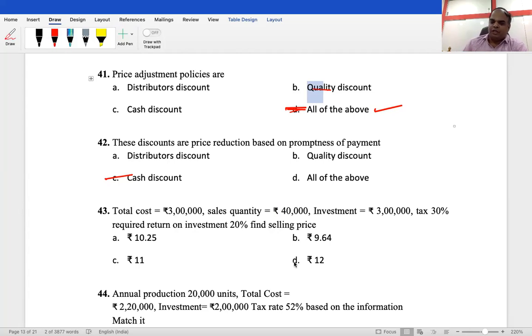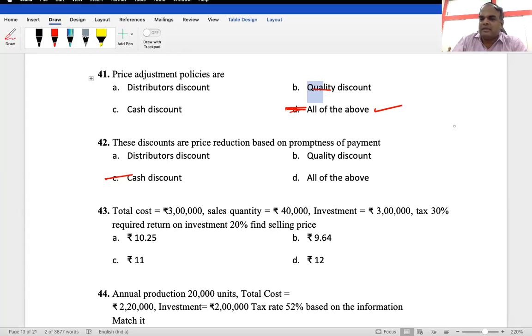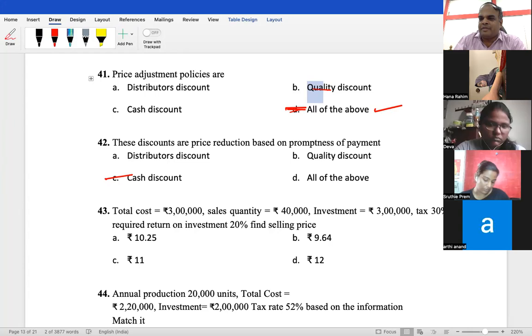Therefore, sales revenue is equal to 40,000 X. Less total cost 3 lakhs. Balance equals profit before tax, 40,000 X minus 3 lakhs. Less tax at 30%.